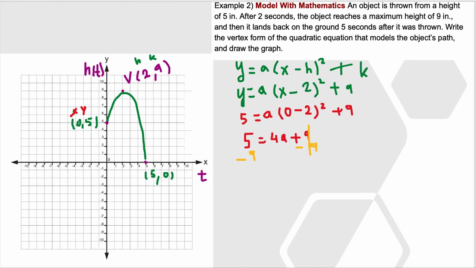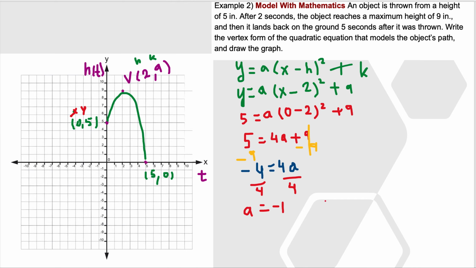So what remains here is 5 minus 9, which is minus 4. So minus 4 is equal to 4a. So now I'm dividing everything by 4. If I'm dividing everything by 4, it means a is going to be minus 1. So we found a is minus 1.